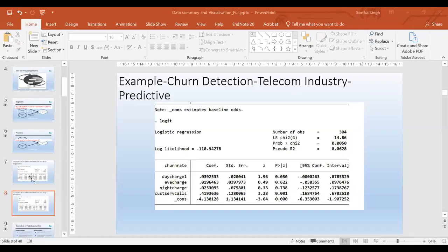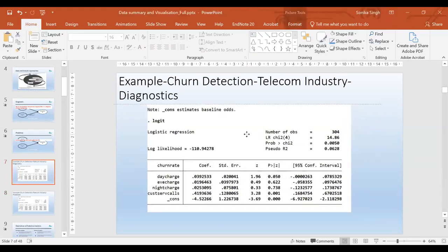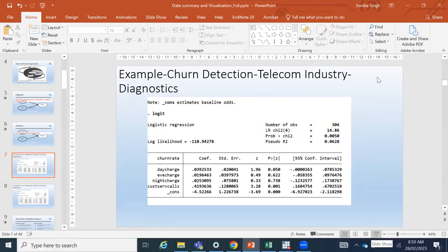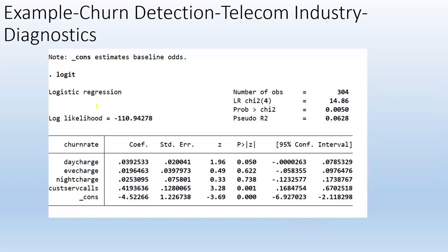Okay, so here we have the diagnostic output that we had looked at. Whenever we are looking at these outputs, there are two to three important things that we have to take into account. First, if we are looking at a variable, does it have an impact or not? So we first have to look at the hypothesis testing.